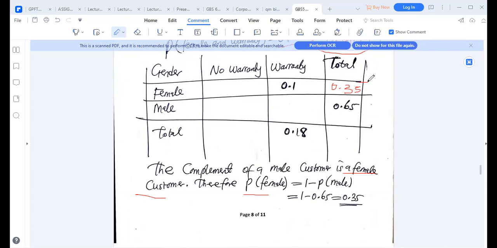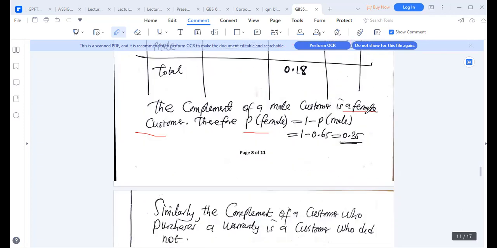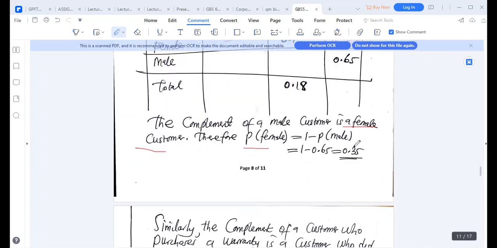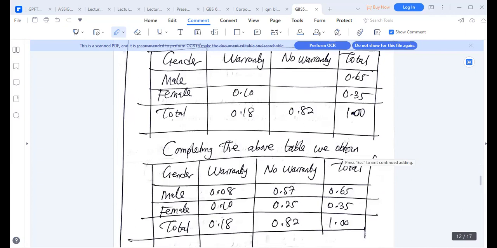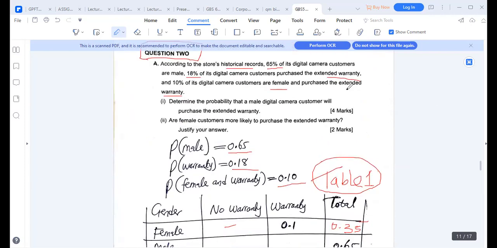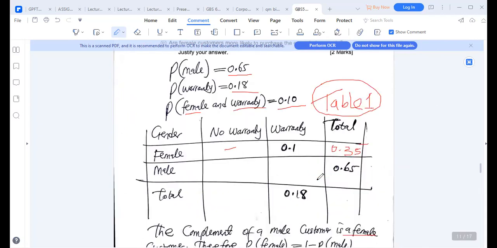Then we can move on and sort out what is remaining here, because the total should be 0.35. So we can find no warranty for female by subtraction. What we're simply saying is that the probability of female and warranty is 0.10.